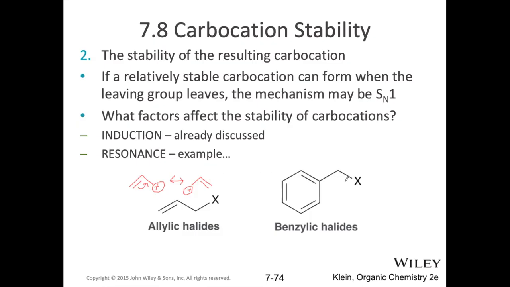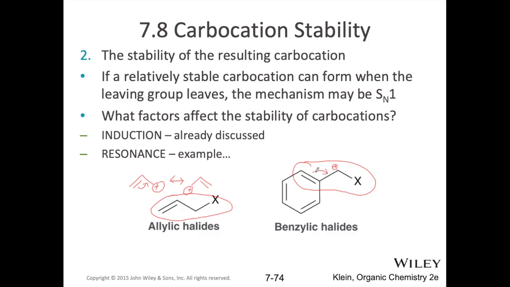Now, if you look at a benzylic halide, this is very similar to our allylic system. It's the same system. When we break off our leaving group, we're going to have a positive charge on this carbon.